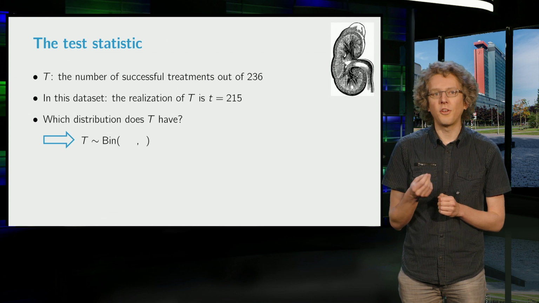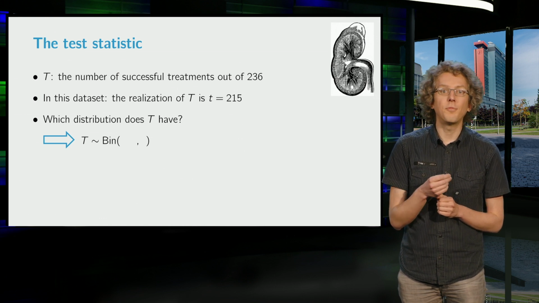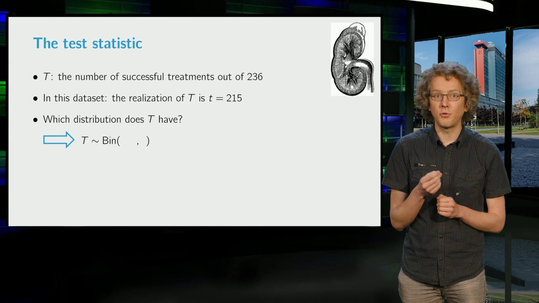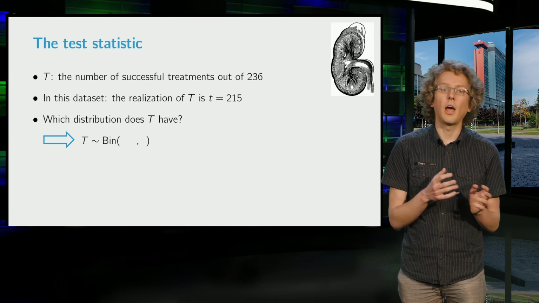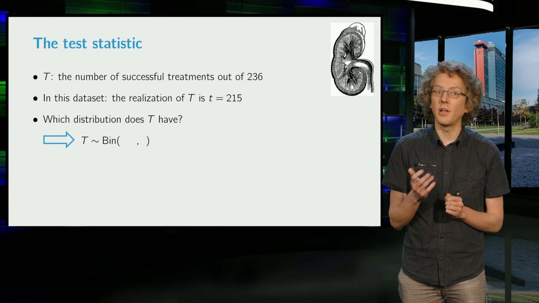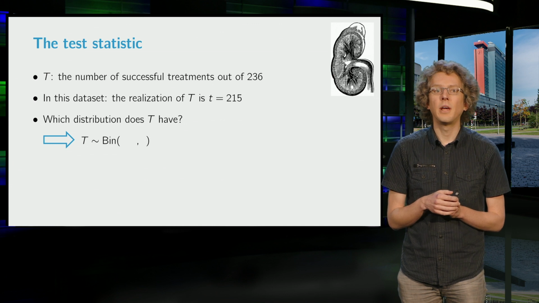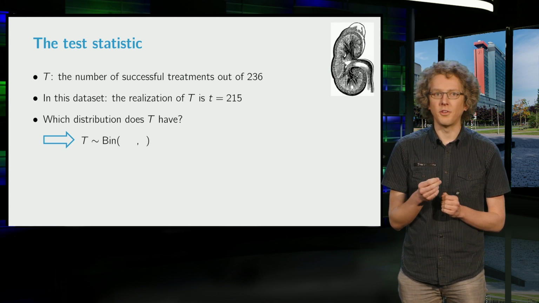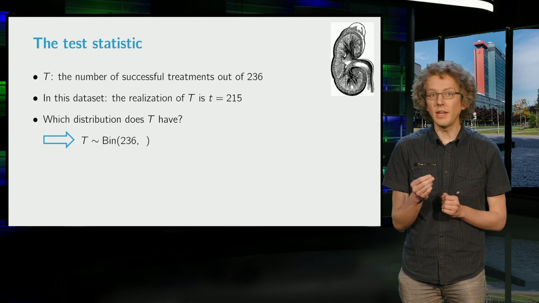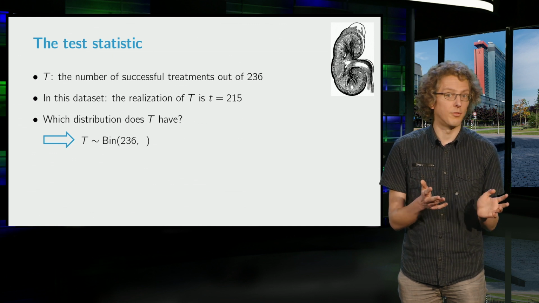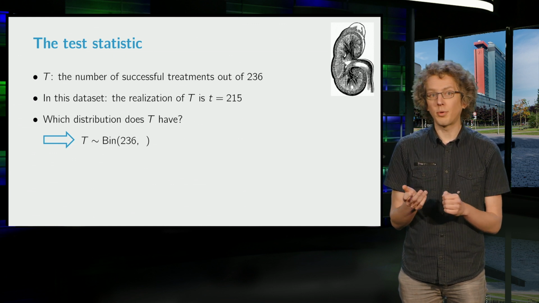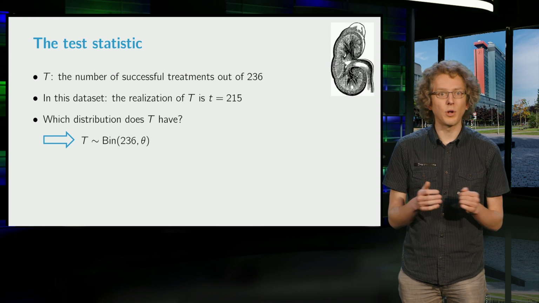Here we made the quite sensible assumptions that each patient has the same probability of their treatment being successful, and that the outcomes for the patients are independent. The parameters of this binomial distribution are n equals 236, the number of experiments, and the probability of success is exactly what we call theta.